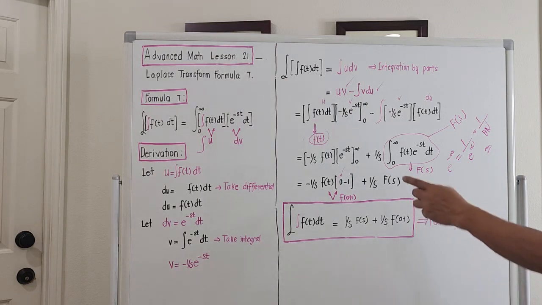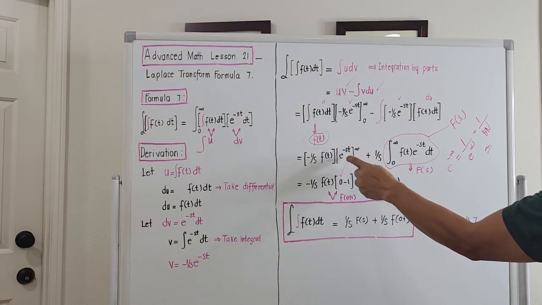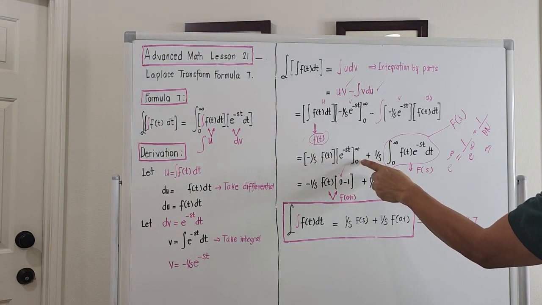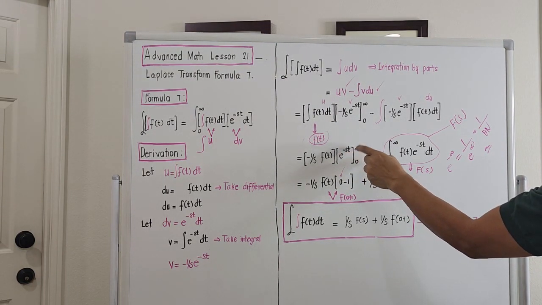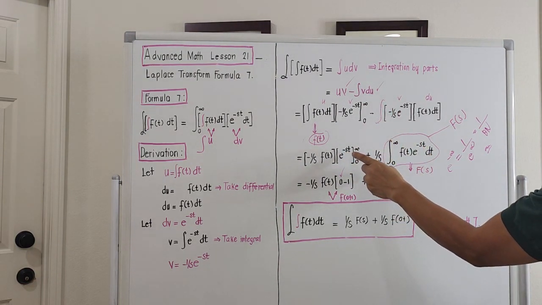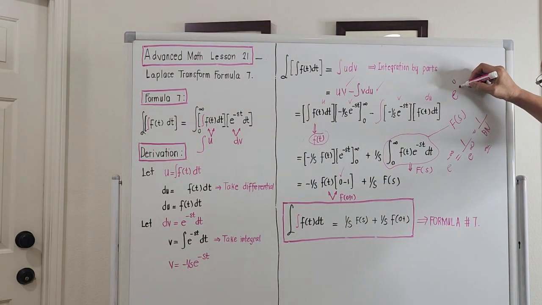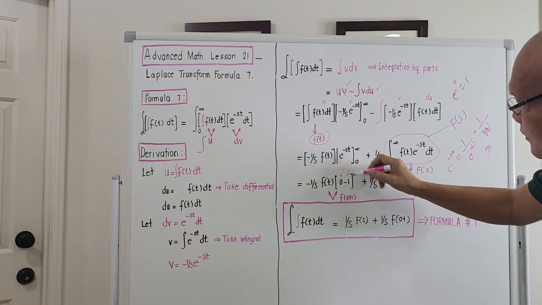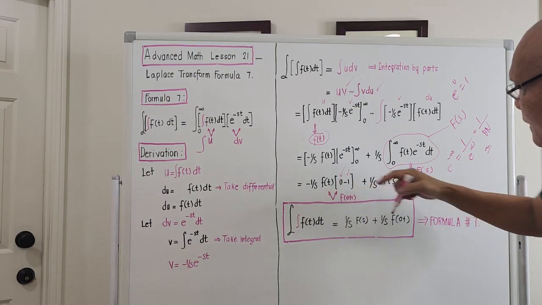Okay? We are just placing the limit on this function here. Okay? Minus the lower limit. So when time t equals 0, s times 0 will be 0. Okay? So e to the 0 will be 1. So the value of the lower limit is negative 1. We are subtracting the value of the lower limit. So this is minus 1.